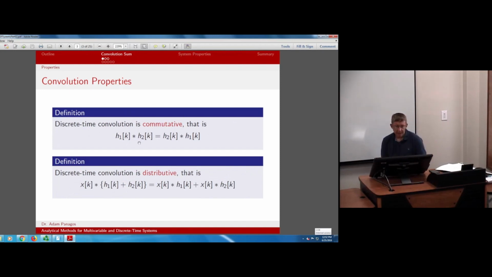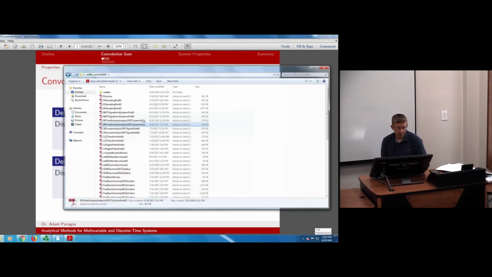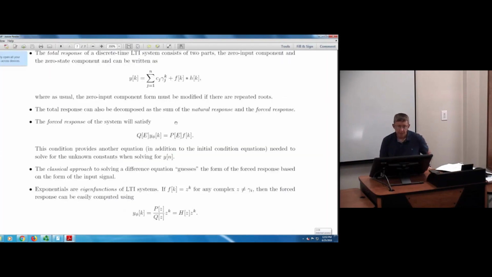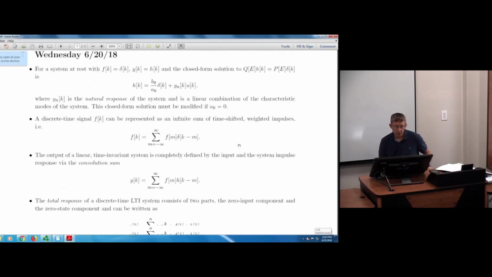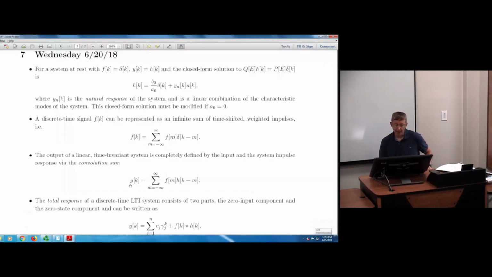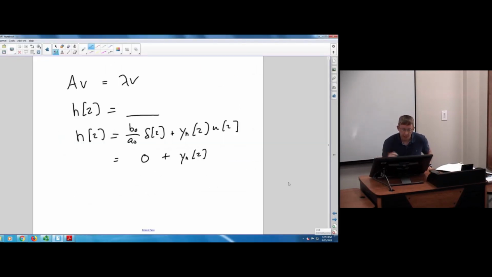So we defined last time what this star means. Let me pop it up again. The shorthand that we use for f convolved with h is this star right here. And what we mean is write down this sum, right? I'm going to write that out long form so we're all on the same page.